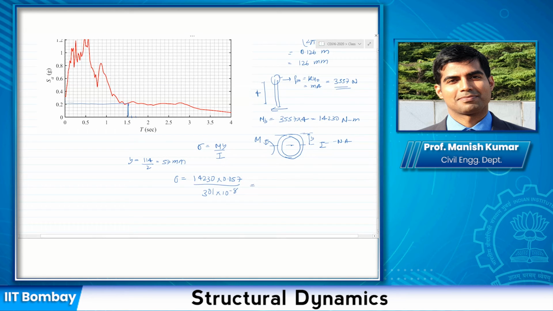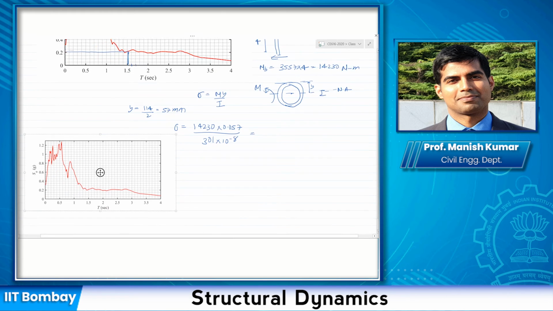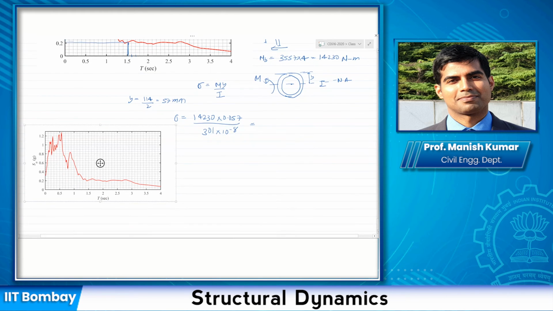So I multiply this and divide it by that quantity to get 269.5 into 10 to the power 6 Newton per meter square. Or I can write it in terms of MPa, just this value. So the final bending stress comes out to be around 270 MPa.